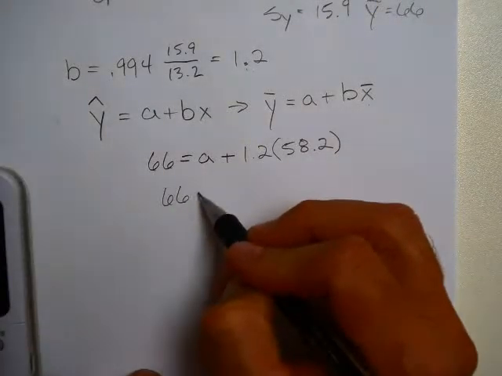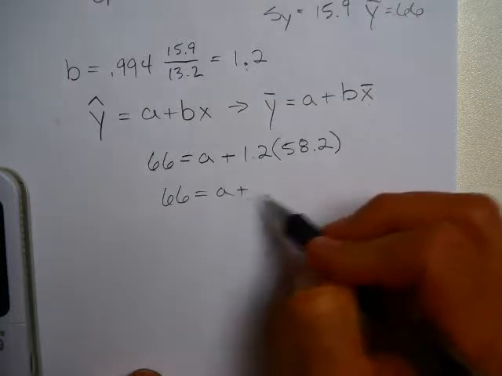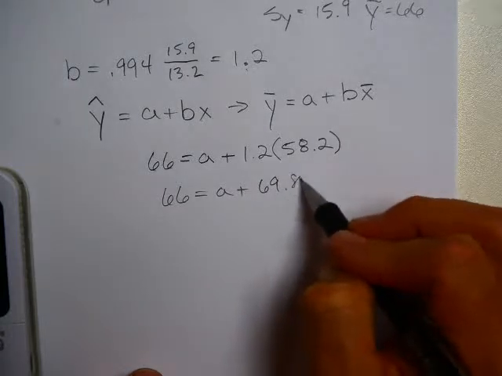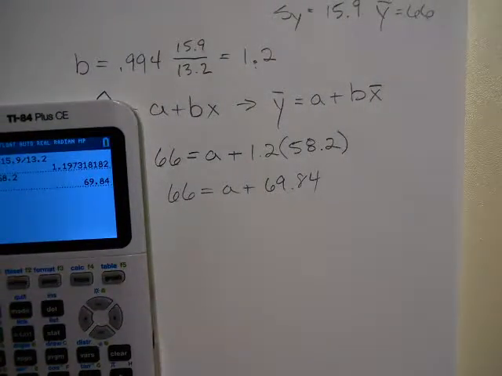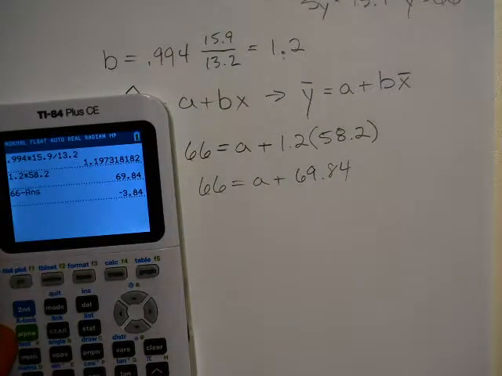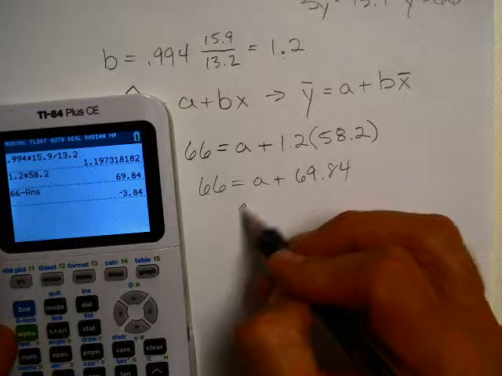So 66 equals a plus 69.84. So if I subtract 69.84, I get negative 3.84.